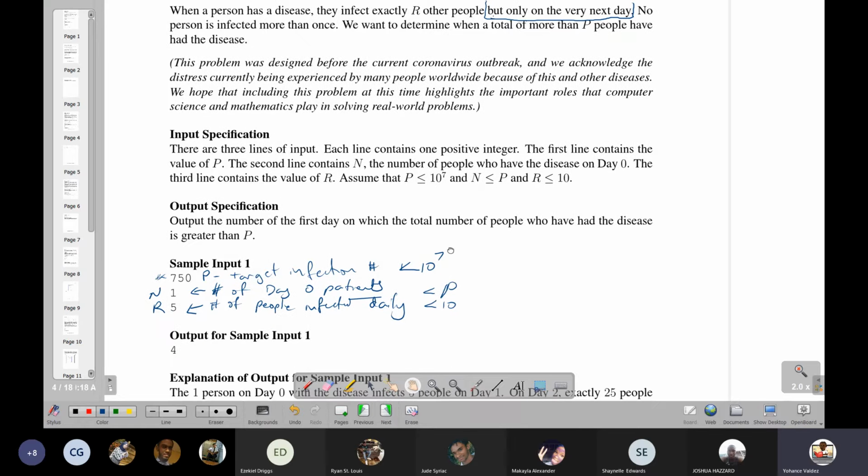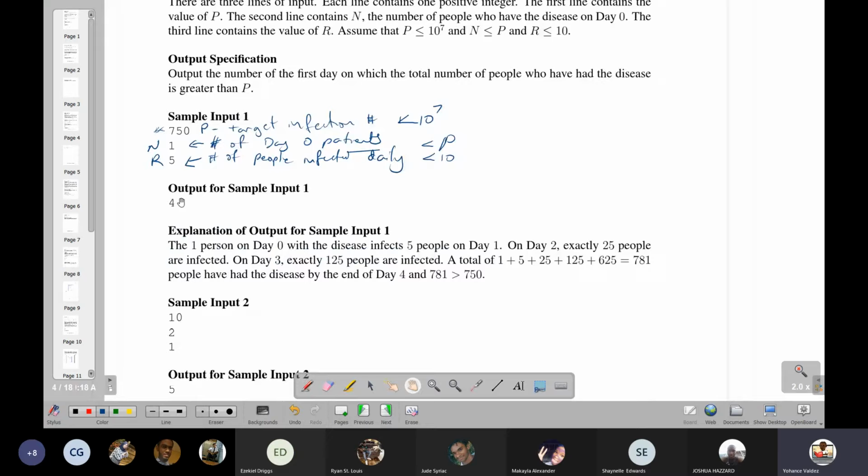What we want to know, the output here, is how many days it takes to surpass the target infection number.